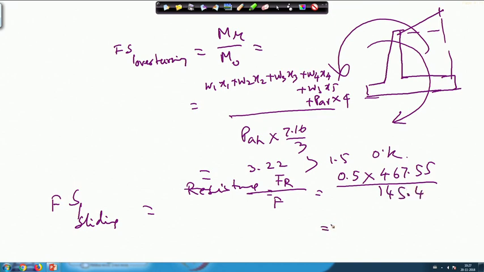So, this gives you a factor of safety of 1.6. Now, that is also greater than 1.5 and hence it is okay.